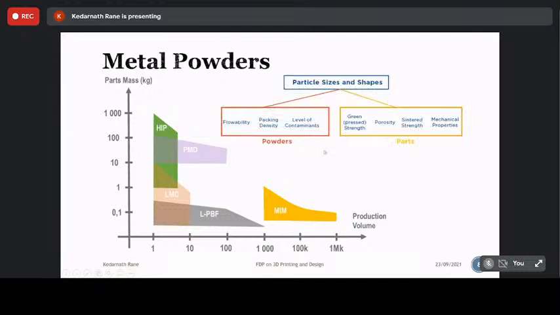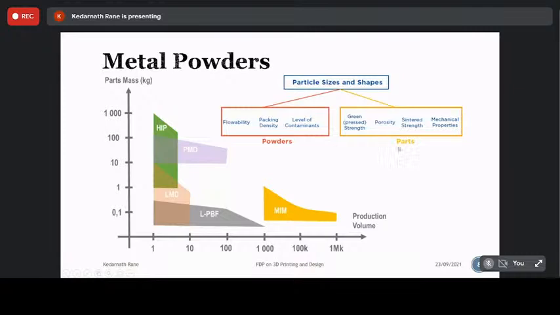When it comes to the powder particle size, we require very good flowability of the powder. Although the material is deposited in the cavities by virtue of polymers, flowability in terms of the shape of the powder, the packing density during sintering, and the level of contamination are important factors to cover.